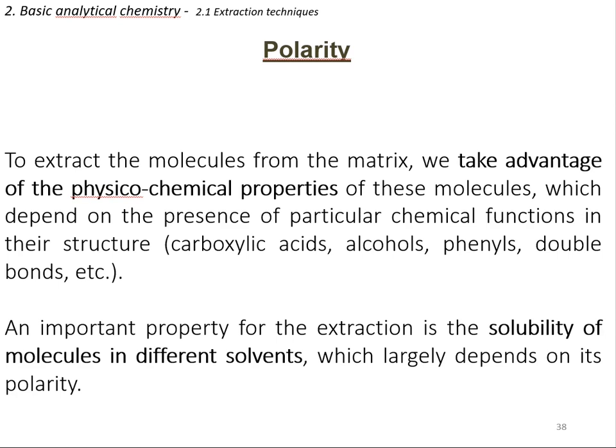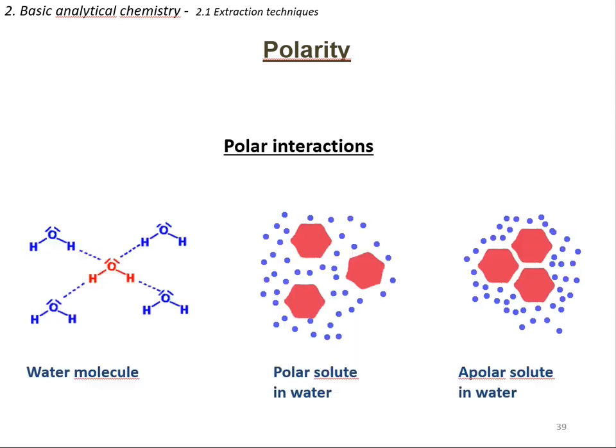So many of these metabolites have a specific set of chemical functions, like carboxylic acid, alcohol, phenyls, double bond, and so on. So an important physico-chemical property is the solubility of this molecule in different solvents, which largely depends on its polarity.